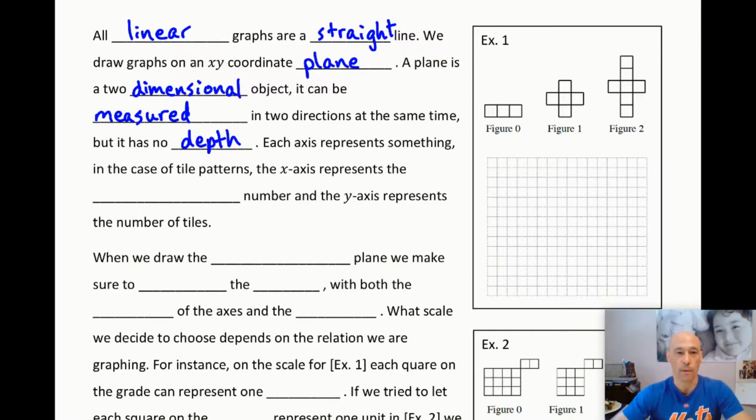Each axis represents something. In the case of tile patterns, the x-axis represents the figure number, and the y-axis represents the number of tiles.